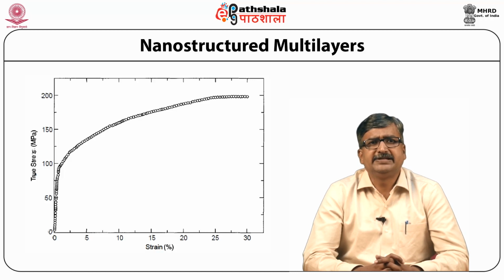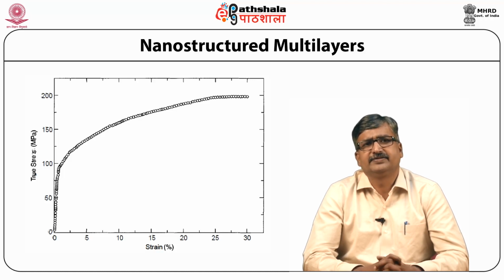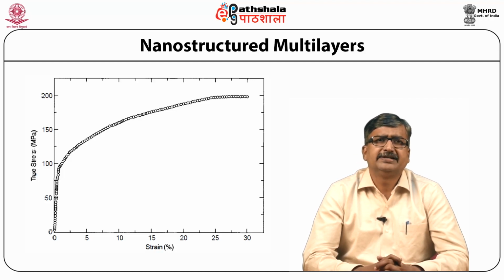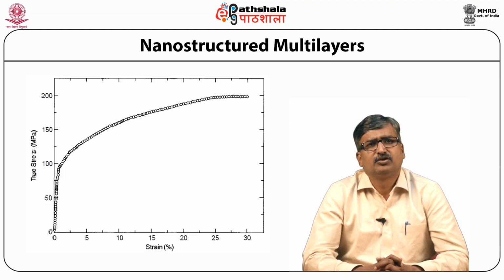earlier. The materials have very large interface area densities. This means that the density of atoms on the planar boundary between two layers is very high. For example, a square centimeter of 1 micrometer thick multilayer film having layers of 2 nanometer thickness has an interface area of 1000 square centimeters.